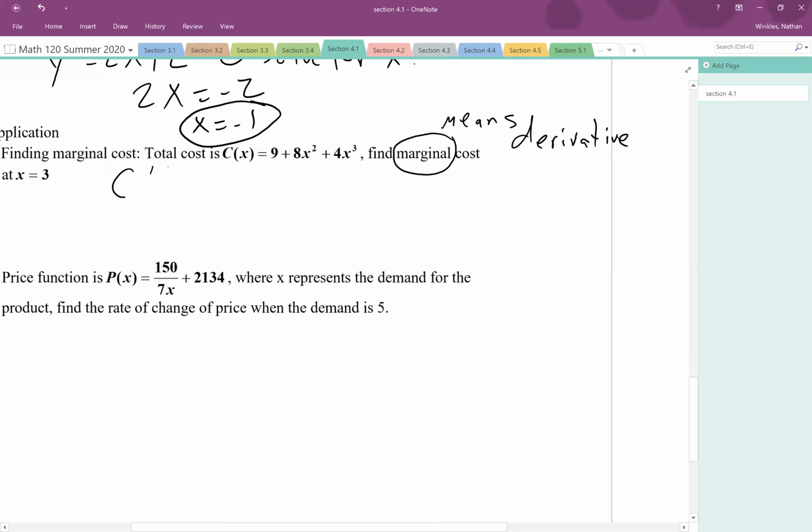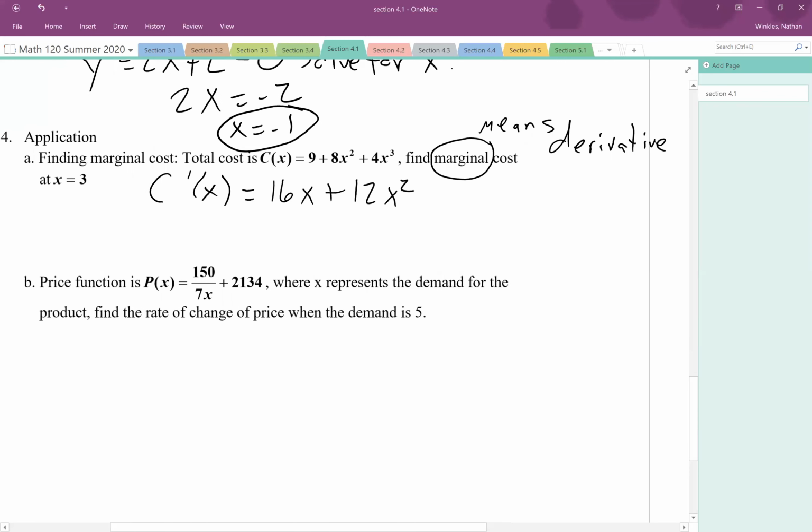So C prime of x is equal to, derivative of 9 is 0, 8x squared's derivative is 16x, plus derivative of 4x cubed is 12x squared. Now this one also told us at the value of x equals 3.